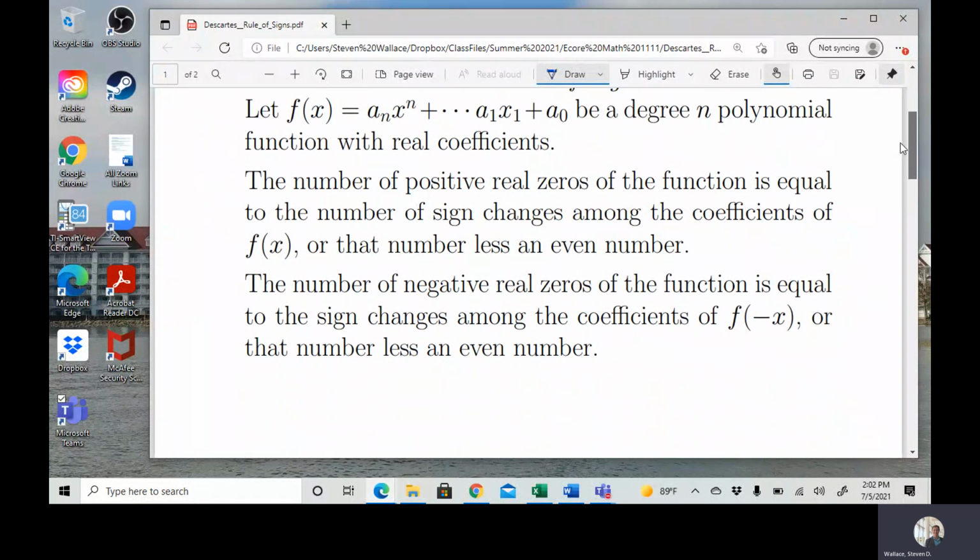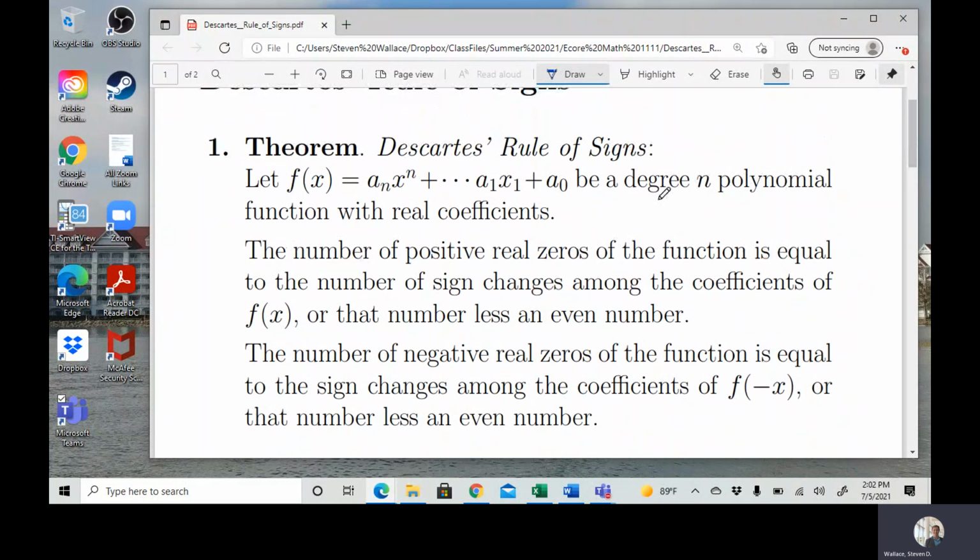Okay, the number of positive real zeros, so that means the number of possible roots of this equation. So if I put 0 equals f of x, there's just some solutions there that might be real numbers. The number of ones that are to the right of the y-axis is equal to the number of sign changes among these coefficients, or that number minus some even number.